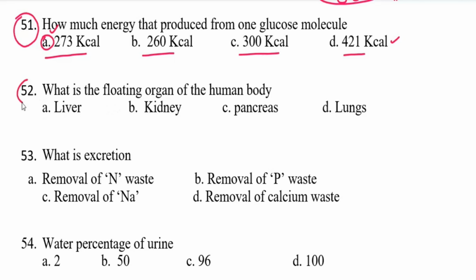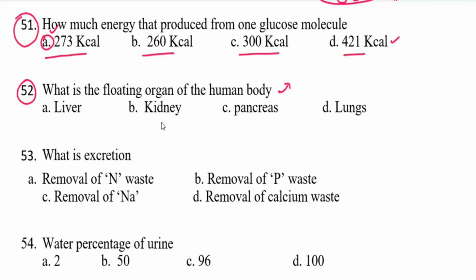Question 52. What is the floating organ of the human body? Very important, it was asked in many examinations. If you take all the organs like liver, kidney, pancreas, lungs, hands, eyes, or any part of our body and put it in the water, only one organ can float on the surface of water, and the remaining organs are dipped inside the water.